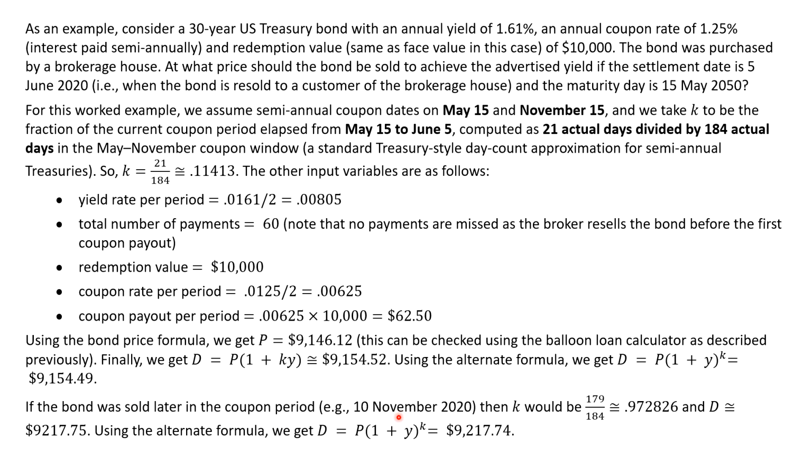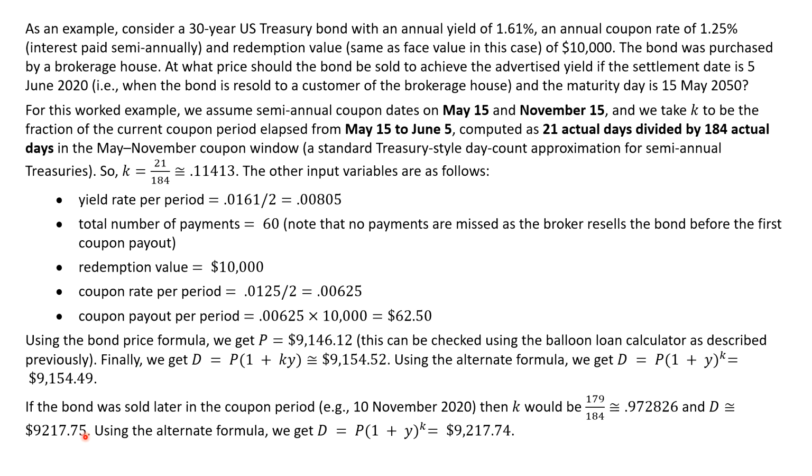And then I just made a note here as a second example. If the bond was sold later, say the 10th of November, so just before the first coupon, K would almost be 1 at that point. And then our dirty price, using the same procedure here, would be a bit more, 92.1775.